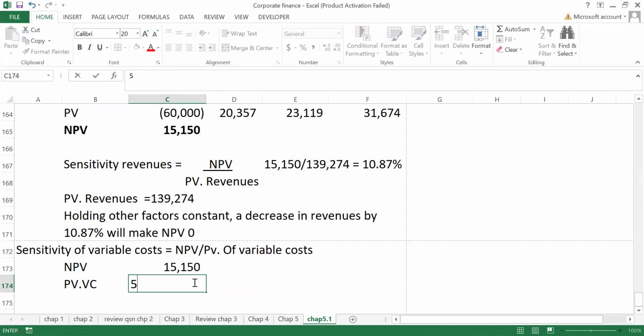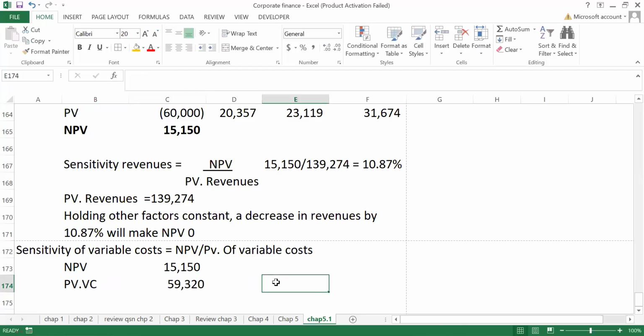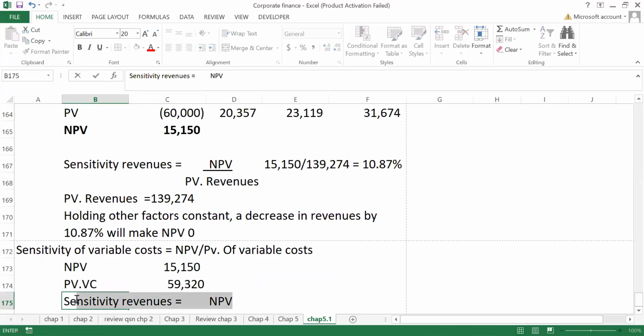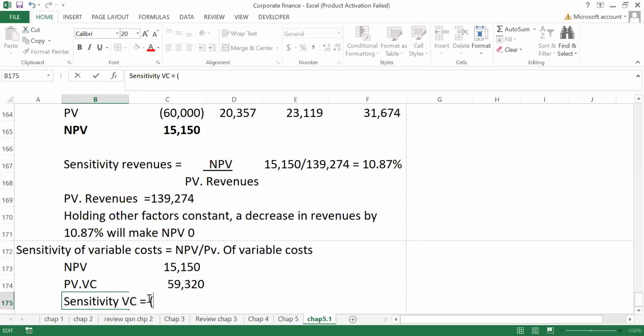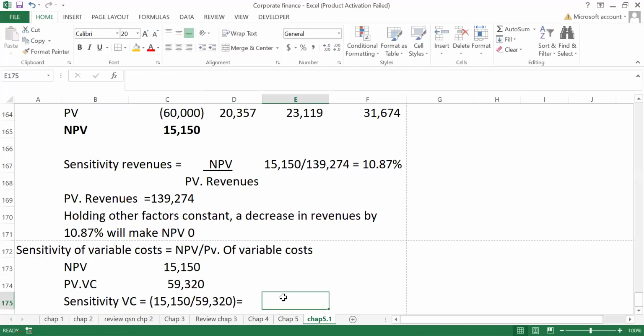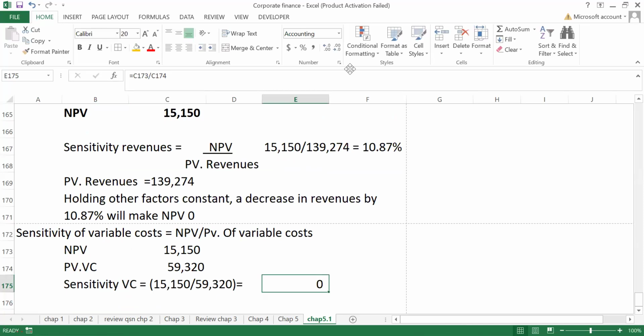So the sensitivity will be 15,150 divided by 59,320, which is 25.5%.